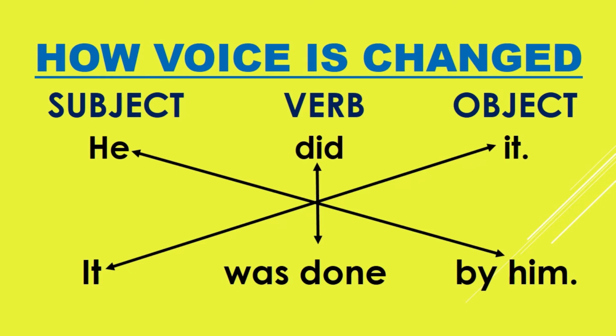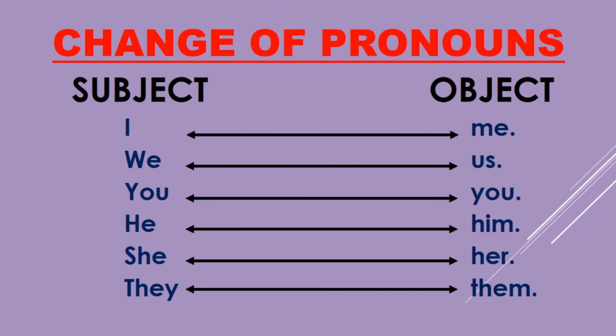Now here in this example, we can see that the nominative form of the pronoun, that is he, has become him, and we all know that him is the objective form of the pronoun. Let us now see how the forms of the pronouns are changed. Look at this chart, students.